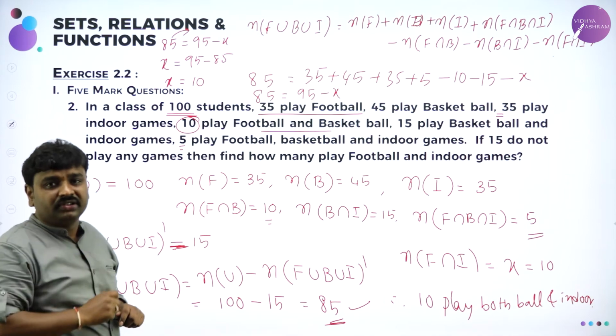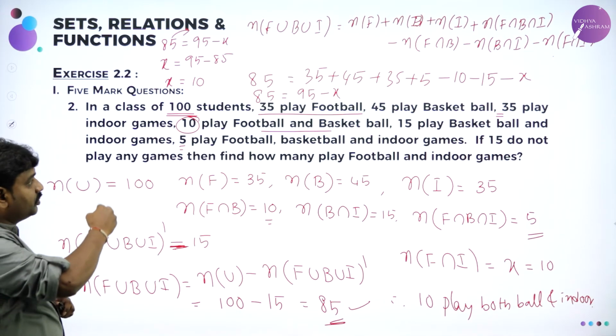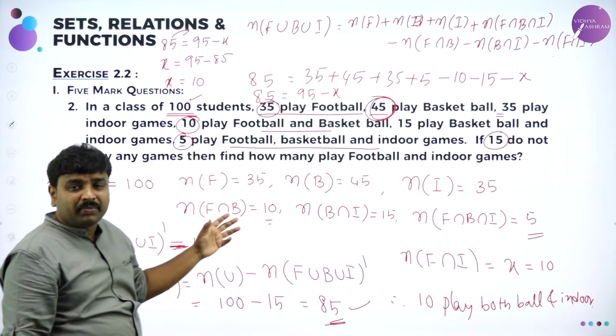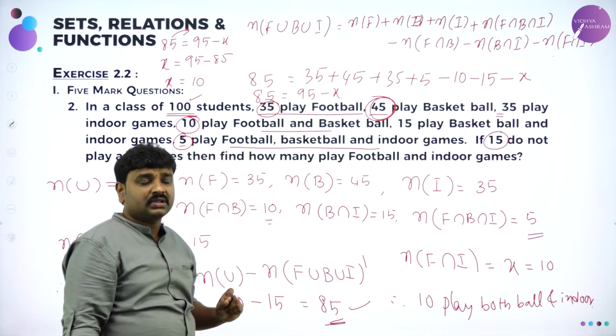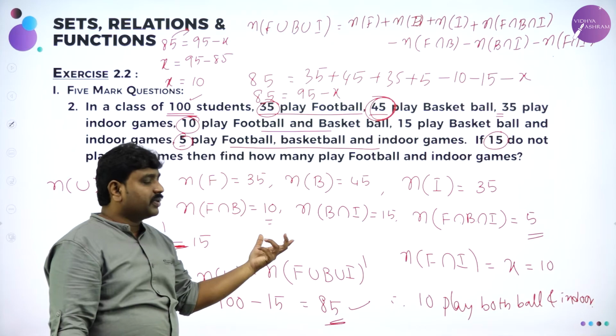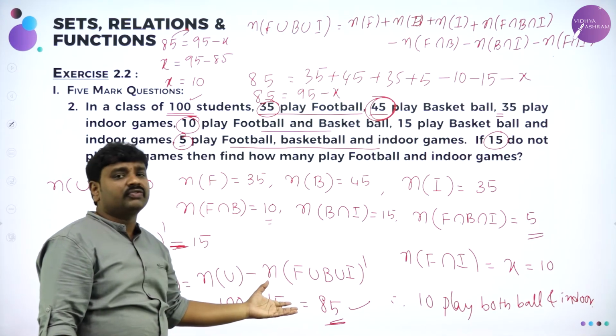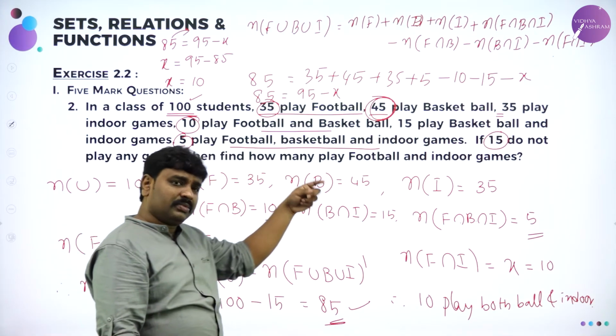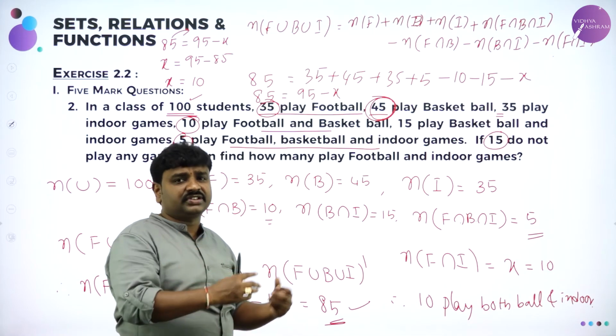I hope all of you got this. Read this, analyze, observe, understand. Similarly, this problem can also be done by the Venn diagram method, but it will become a little hectic. So you can follow the formula method. You can draw the Venn diagram, take all three regions and you will get the answer.